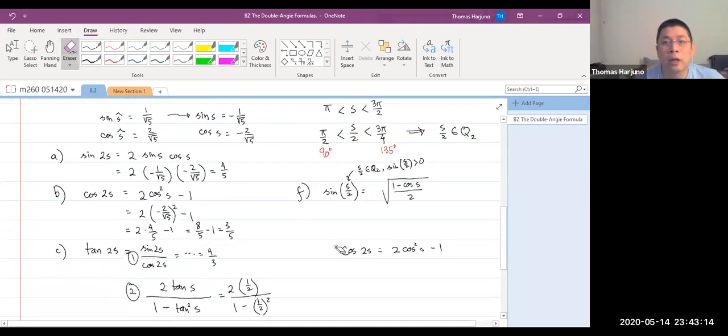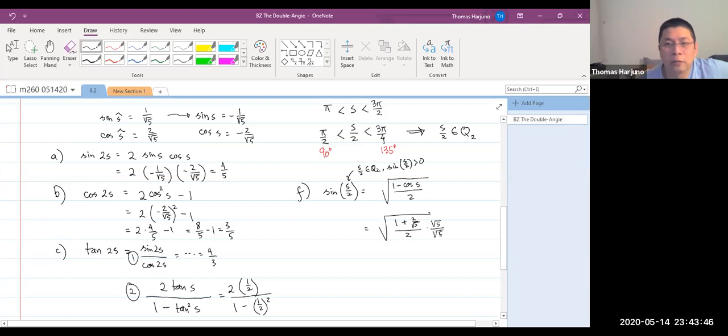Because the angle is in quadrant 2, sine of that angle is positive. Now I plug that in. This is the square root of 1 minus, what is cosine s? Negative 2 over radical 5. Let me multiply the top and the bottom by radical 5 inside the radical.